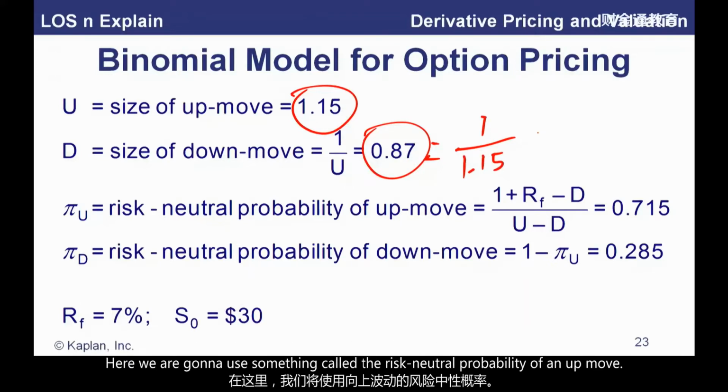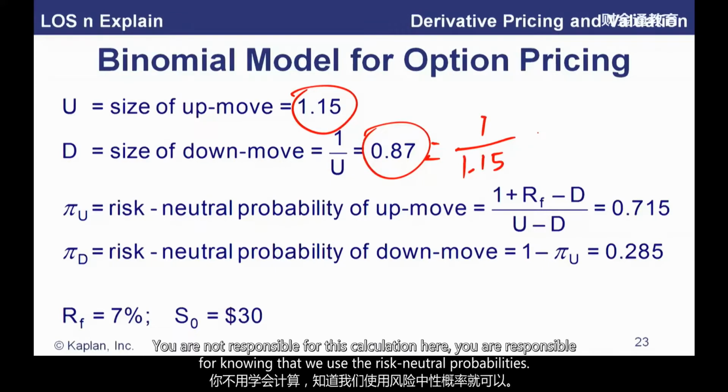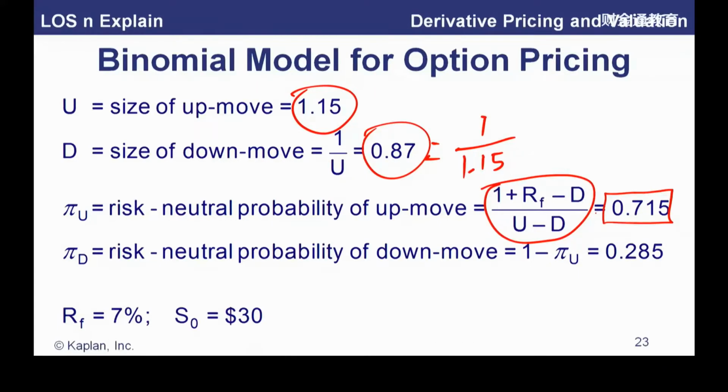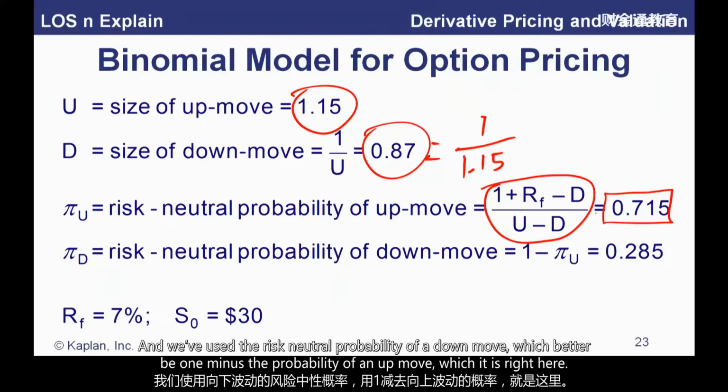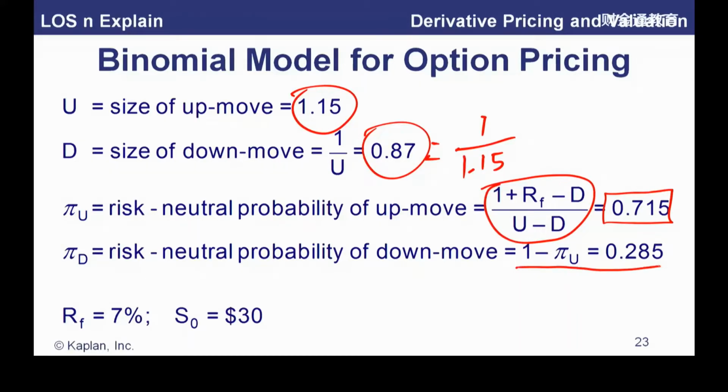Here, we're going to use something called the risk-neutral probability of an up move. You're not responsible for this calculation here. You're responsible for knowing that we use risk-neutral probabilities. And we've used the risk-neutral probability of a down move, which better be 1 minus the probability of an up move, which it is right here.